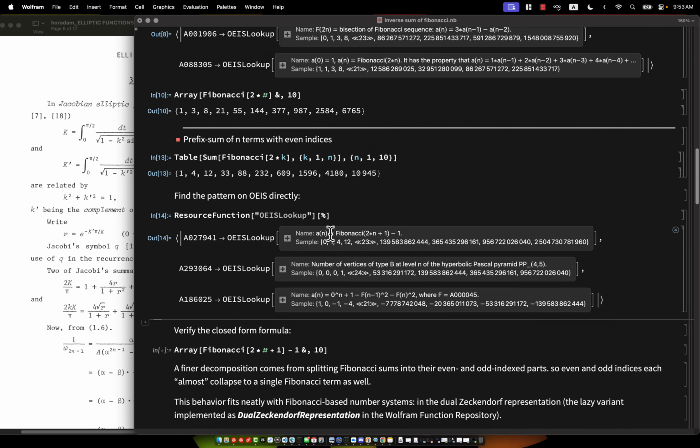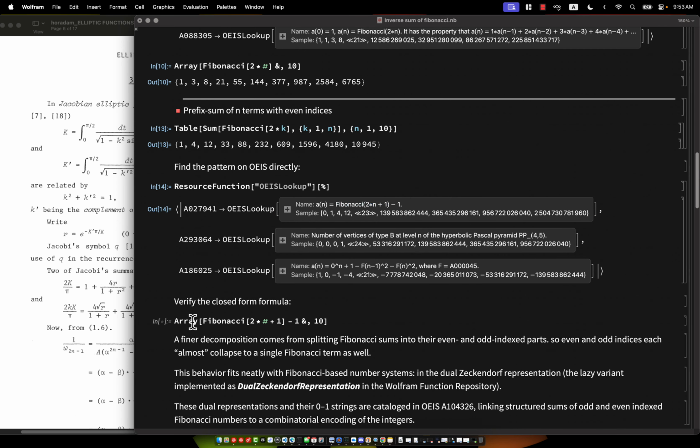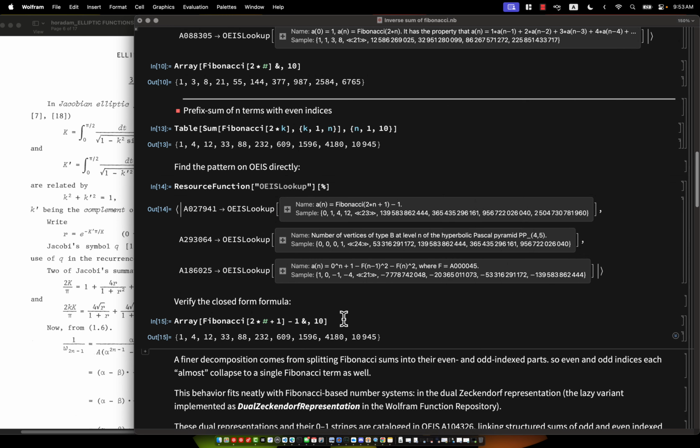So we can use this one. It says a_n equal to Fibonacci of 2n plus 1 minus 1. So we do the same thing for these terms. It's 1, 4, 12, 33, 88, 232. So 1, 4, 12, 33, 88, 232.